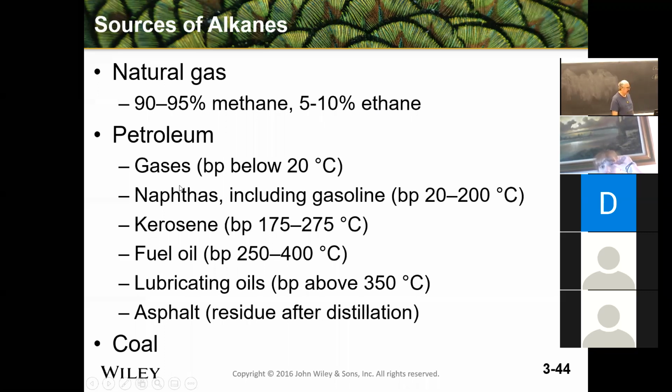And then the liquid and solid portions of petroleum include gasoline, kerosene, fuel oil, lubricating oils, and at the refinery, these are separated by fractional distillation. Asphalt is the residue that doesn't distill off. Coal is also a source of alkanes.